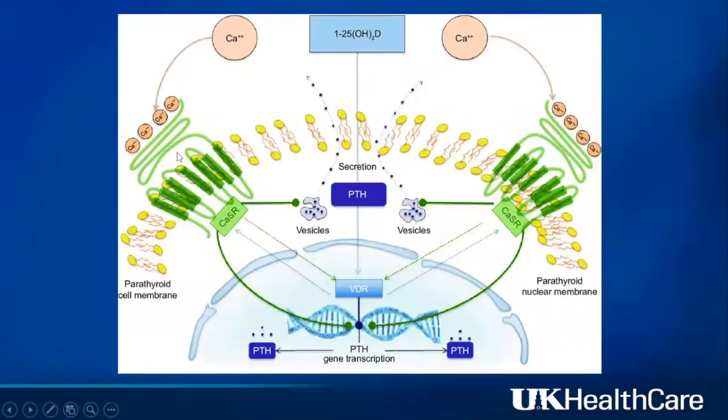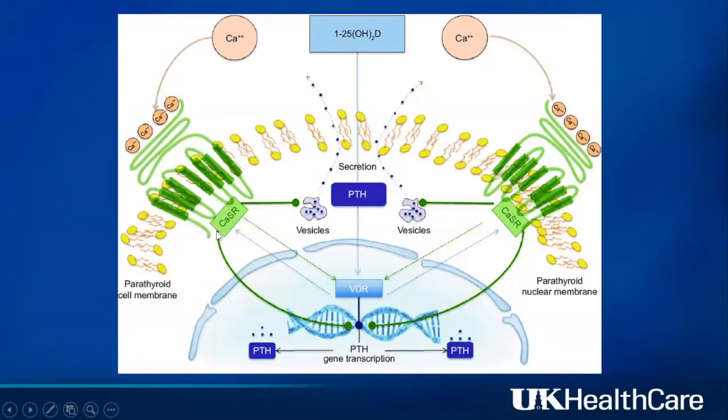Here is a calcium sensing receptor. It's an amazing sensor. It has an extracellular domain, a transmembrane domain, and an intracellular domain. It has 7 segments, as we can see here. It senses the serum calcium level. And if the serum calcium level is on the higher side, we don't need PTH secretion.